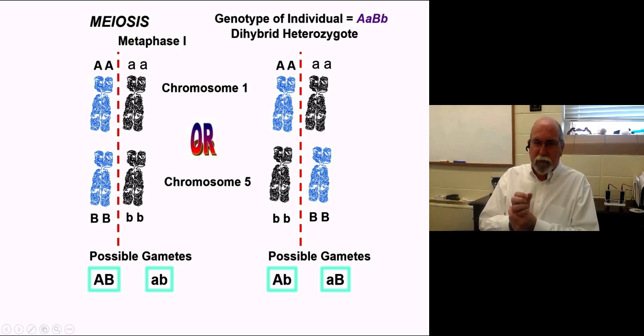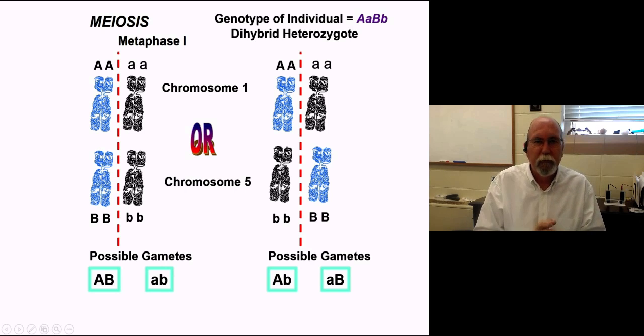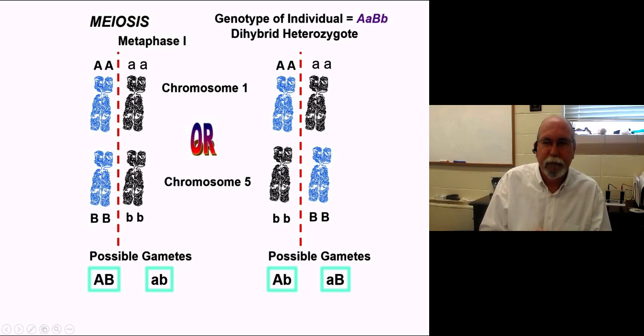Now think about humans. Fruit flies are simple. They have 4 pairs of homologs, so there are a few combinations that you can get. Humans have 23 pairs of chromosomes. Think about all the possible arrangements, 2 to the 23rd power, somewhere up in the number of particles in the universe.